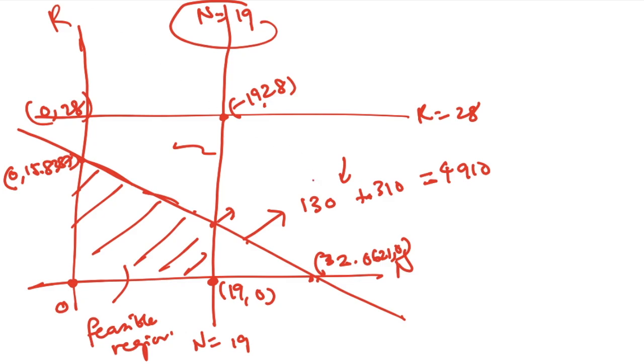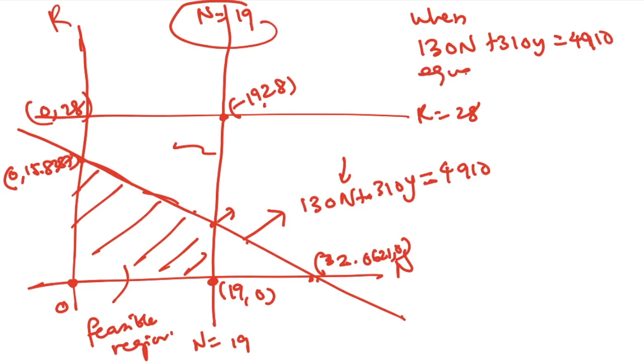You just need to substitute n equivalent to 19 in order to get what is y here. So here, when 130n plus 310y equal to 491 actually intersects n equal to 19.